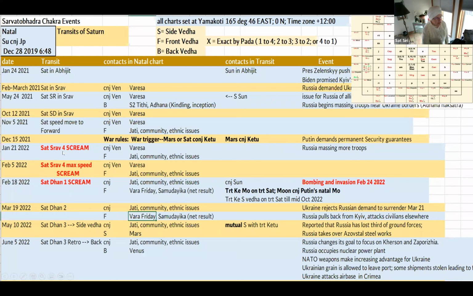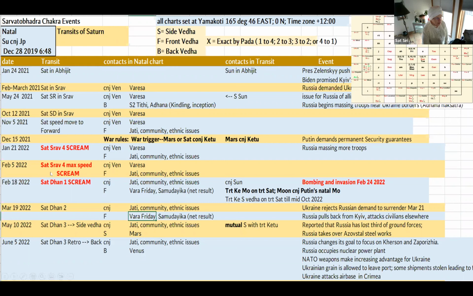And Saturn came into the screen in January of 22. So it got into the fourth pada of Shravana, and it was in the screen. And at this point, Russia was now massing more and more troops, and all the stuff around that was happening.